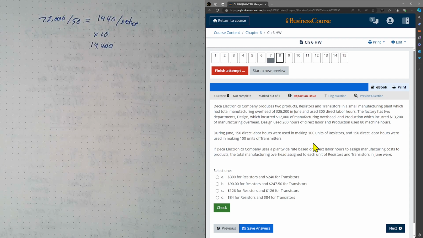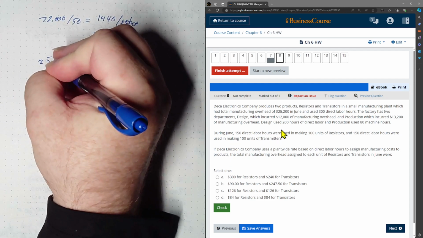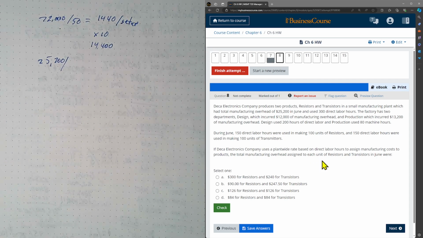So a bunch of information, right? If the company uses a plant-wide rate based upon labor hours to assign manufacturing costs to the products, the total manufacturing overhead assigned to each unit of resistors and transistors would be what? It gives you a lot of information, but realize all we're looking at is the total amount of overhead, 25,200, divided by the total labor.